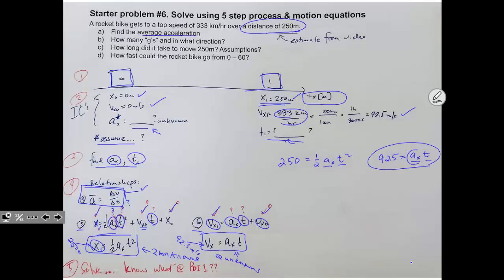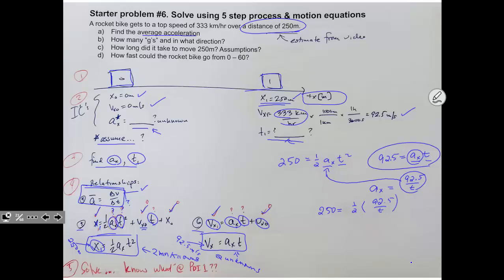All right. So 500 divided by 92.5 is a little over 5 seconds, which is about what we predicted out of the video. Let me just calculate this. 500 divided by 92.5. So this is 5.4 seconds. And we had actually predicted it was around 5 seconds. And so that's the time it takes to reach 250 meters.